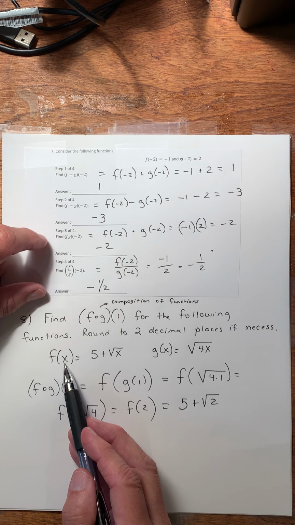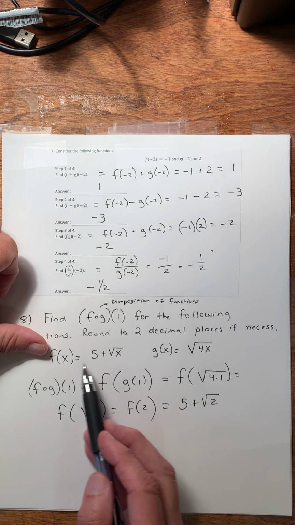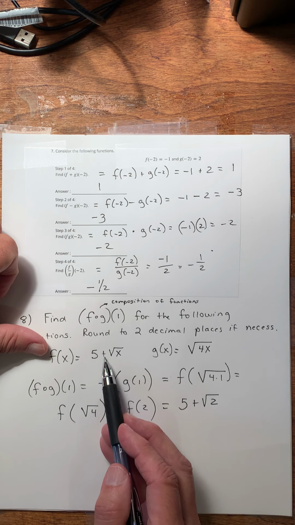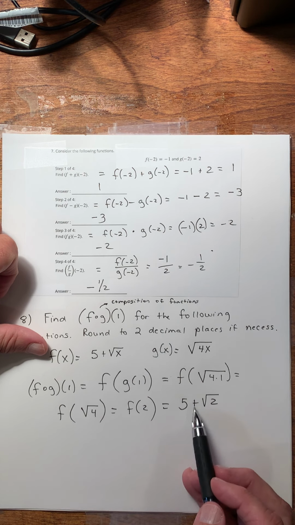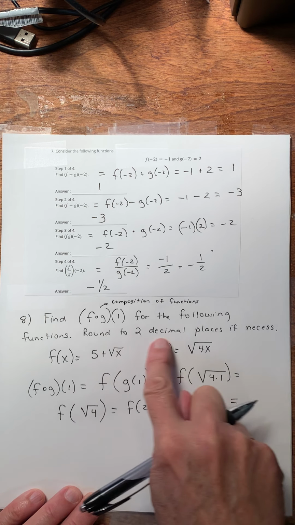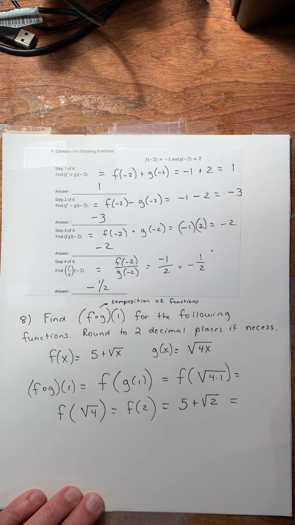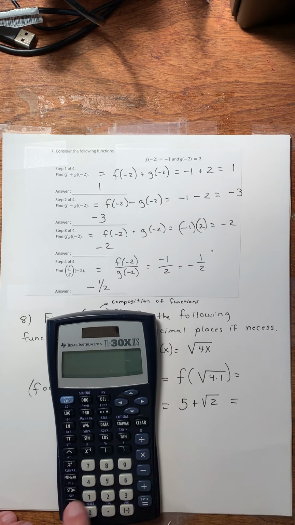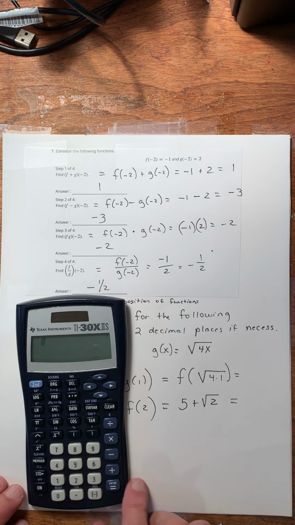Whatever your x is, the function F says take the square root of that, add 5. So I take the square root of 2, add 5. Obviously, rounding to 2 decimal places, I'm going to need my calculator here, unless you happen to know what the square root of 2 is.